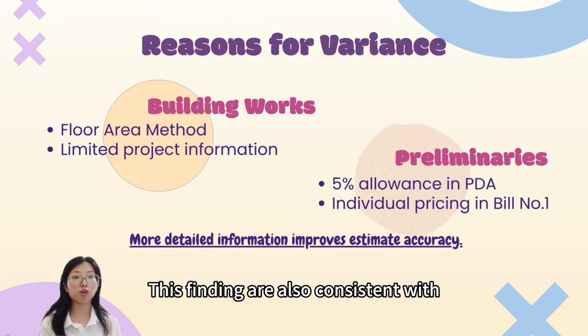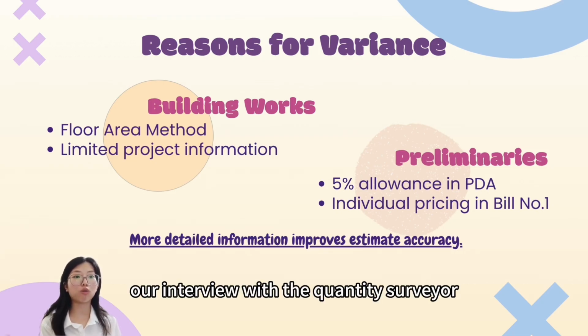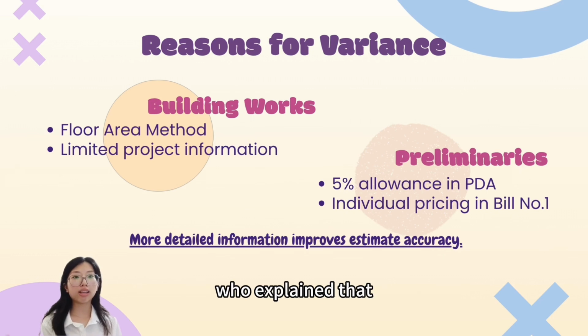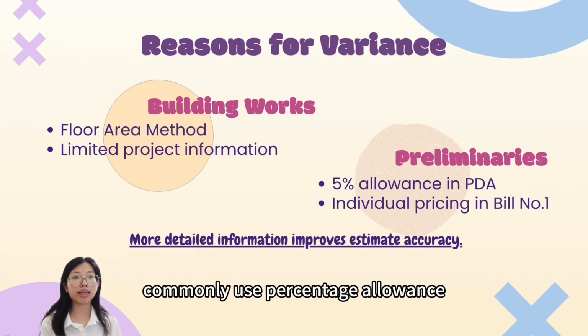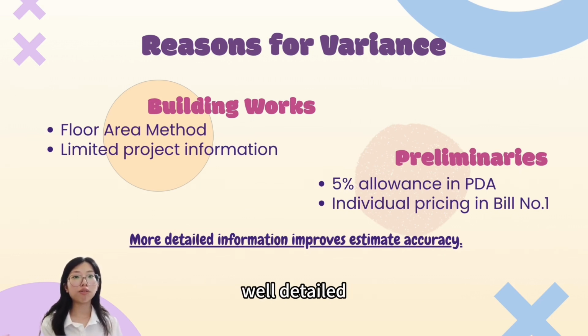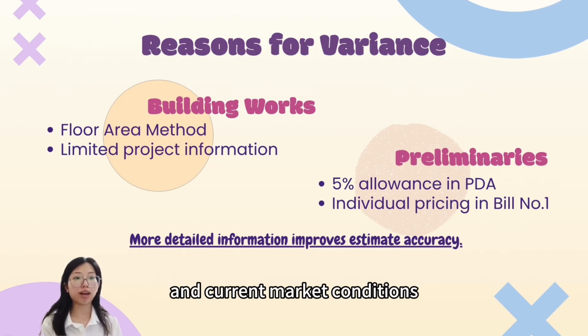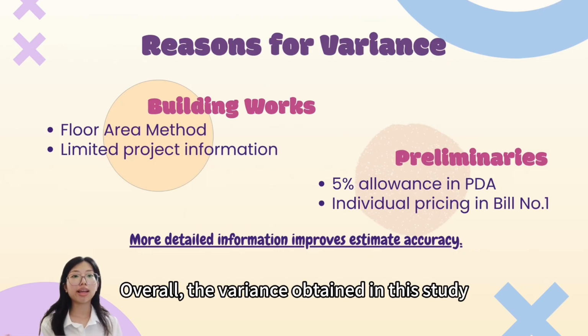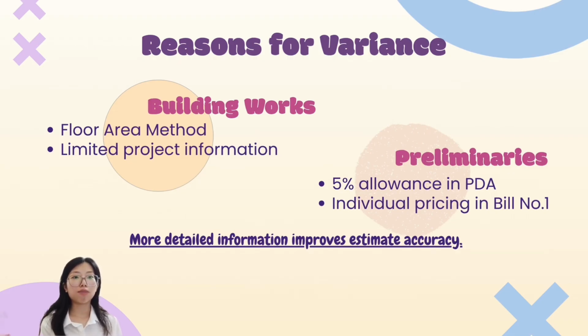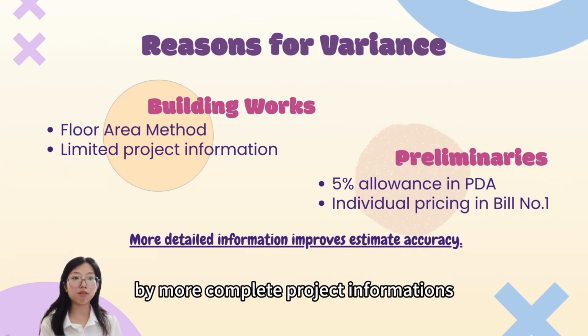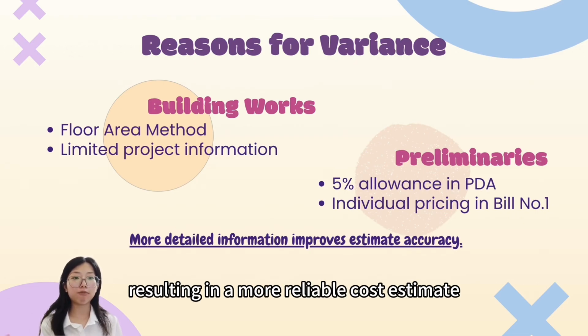These findings are also consistent with our interview with the quantity surveyor, who explained that the preliminary estimate commonly uses percentage allowance, while detailed pricing is based on actual project requirements and current market conditions. Overall, the variance obtained in this study is considered reasonable because detailed estimating is supported by more complete project information, resulting in a more reliable cost estimate.